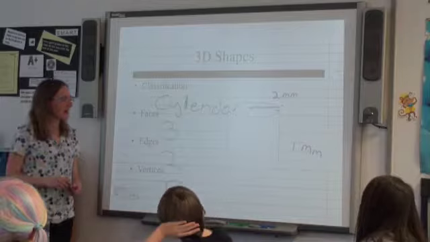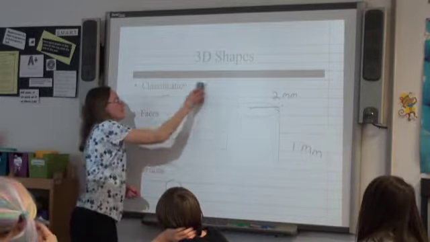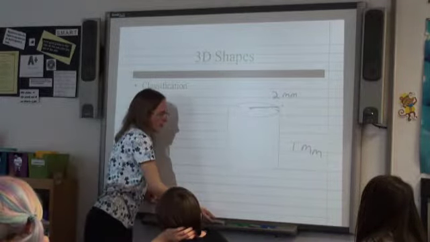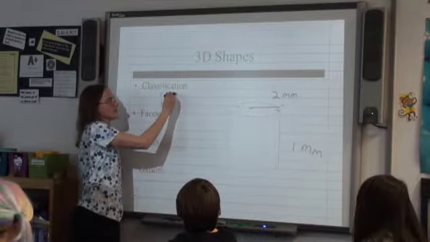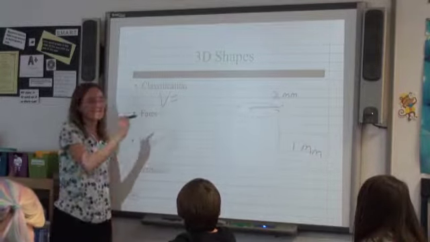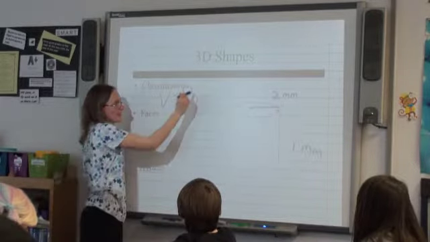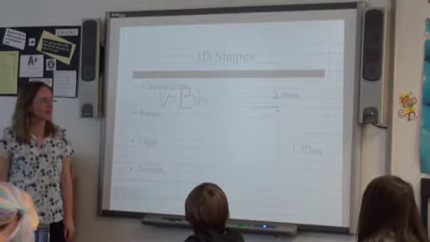Alright, what about the volume of a cylinder? What do you think we're going to do for that? What's the volume formula? Volume equals area of the base times the height. All right, so what would be the area of the base? It's a circle, right?